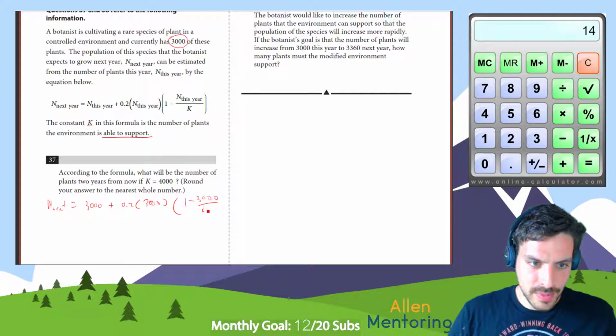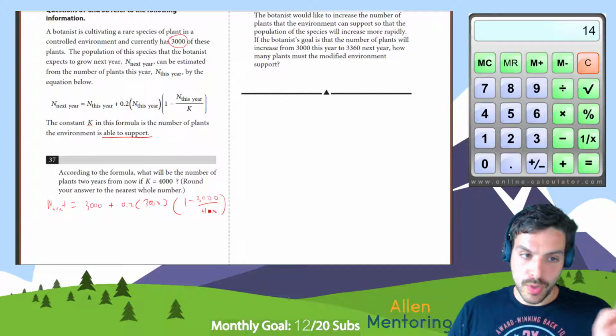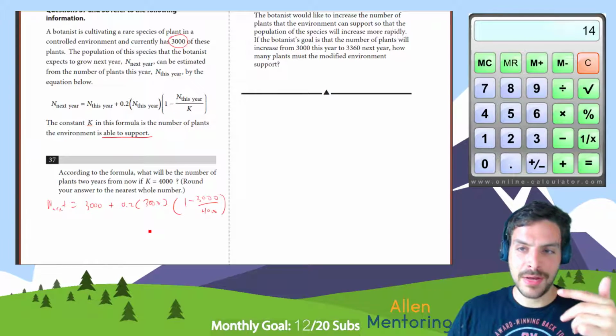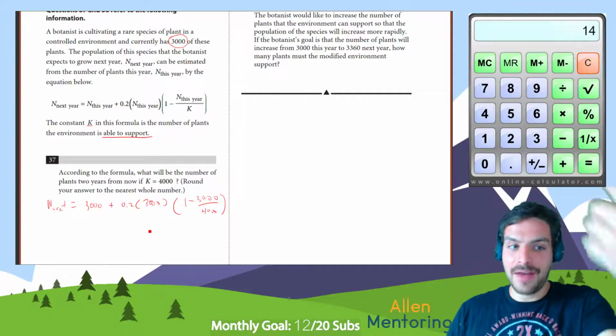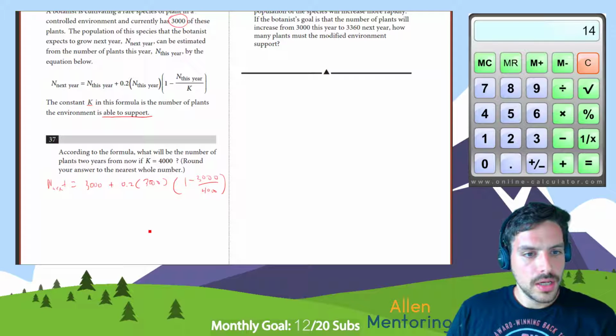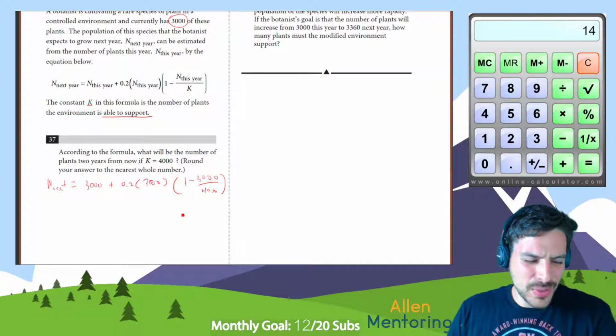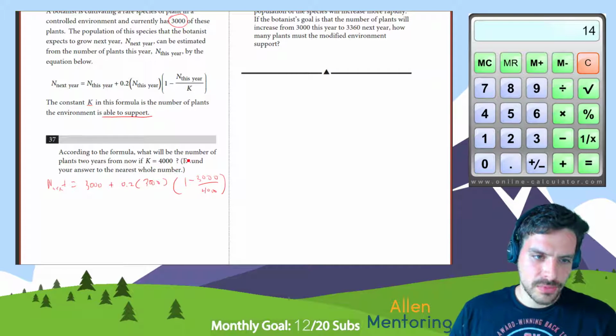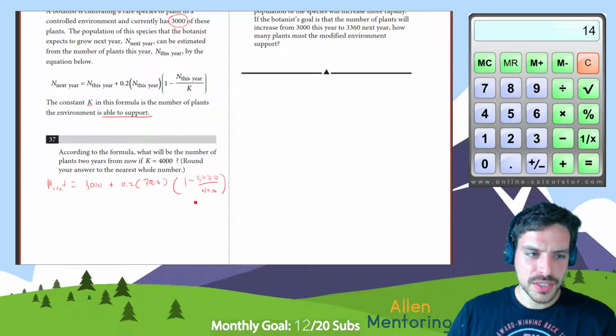Because K in this problem is 4,000. All right, and we're going to have to do this twice, remember, because we want to find out not next year, but the year after that, in 2 years. So this is pretty easy as long as you remember PEMDAS, right? We want to do parentheses first, and then multiplication, and then we'll do addition last.